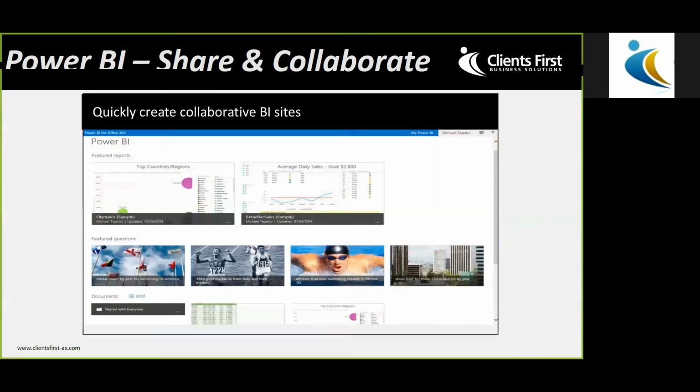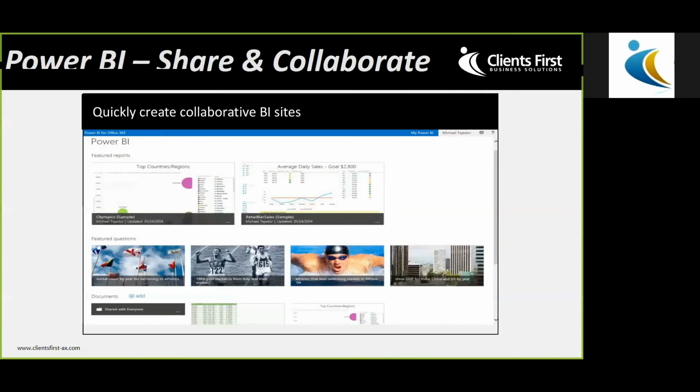Not only can you, with Power BI, create your own KPIs or key performance indicators, or make changes to the ones that come out of the box with the product. You can also create your own Power BIs, and you can also combine data from multiple sources together if need be.